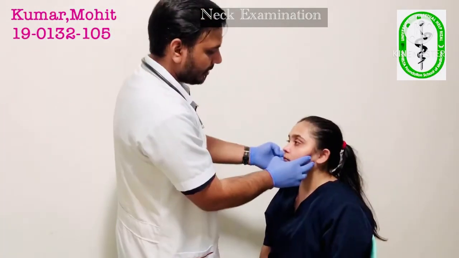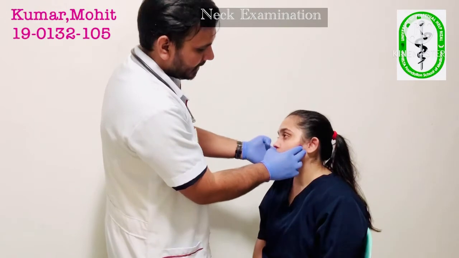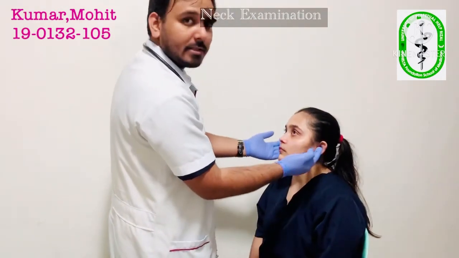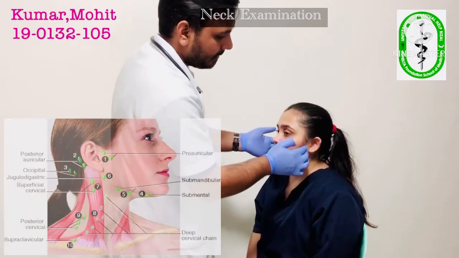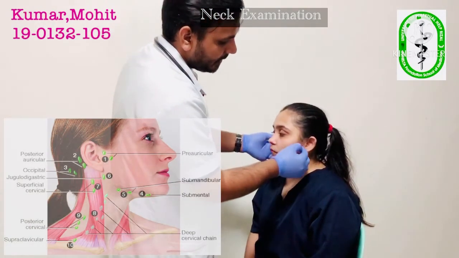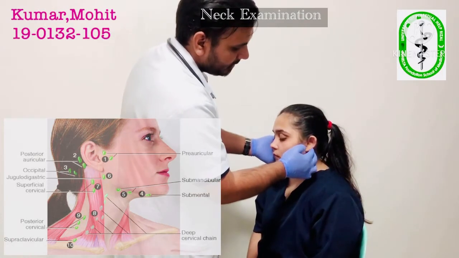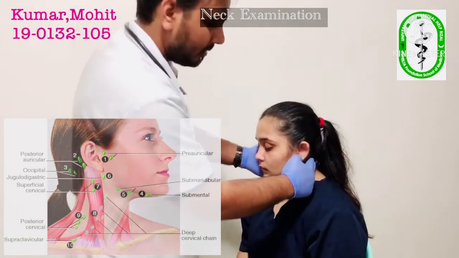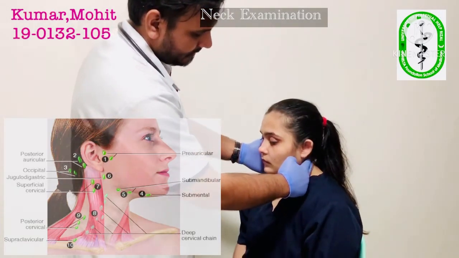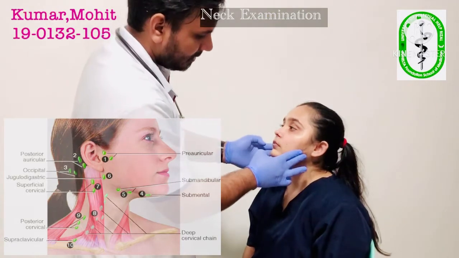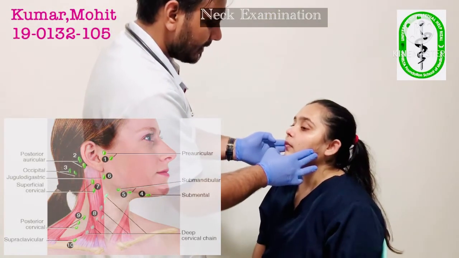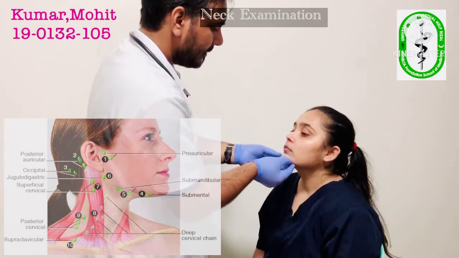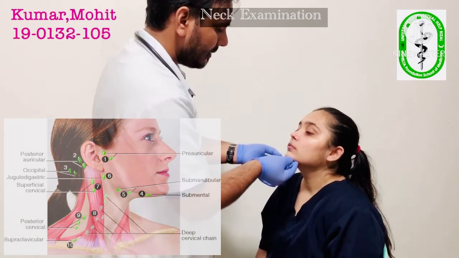Now we are going to examine the different kinds of nodes. First of all, we start from the pre-auricular node in front of the ear, palpate it, go for the post-auricular behind the ear, then go for the occipital node, and then come in front and go for the tonsillar, submandibular, and submental nodes.